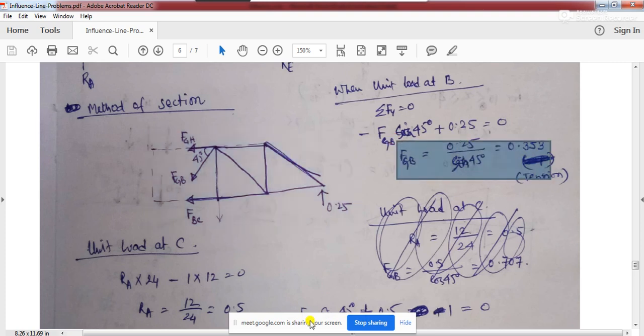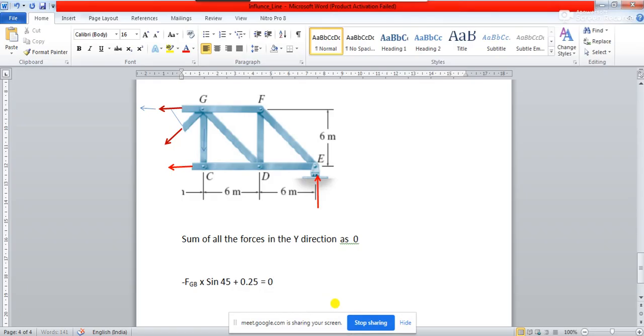If you find out this solution, then FGB is going to be equal to 0.25 divided by sine of 45 degree.